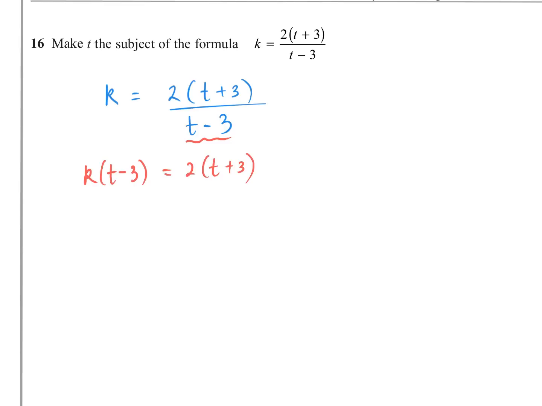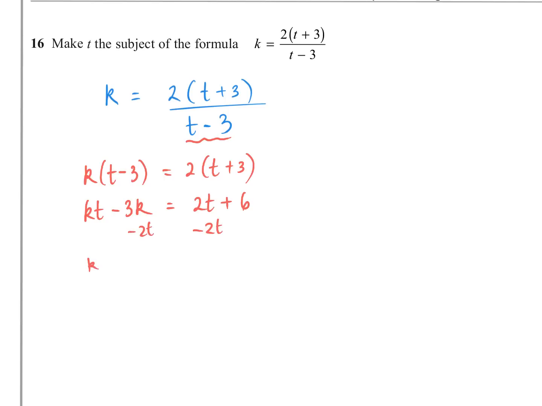Let's then multiply out the brackets. Now let's get the t's on one side of the equation, and here it doesn't really matter which side, but I'm going to take 2t from both sides.